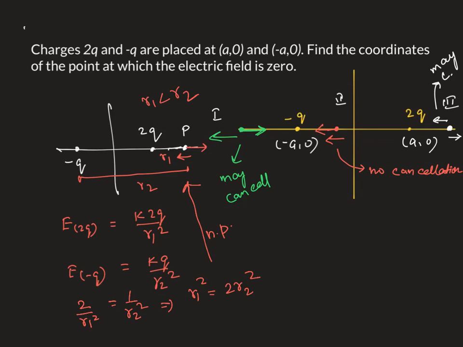Now let's look at region 1. Let me change the page. This is minus q, this is 2q, and this is what we are calling region 1.